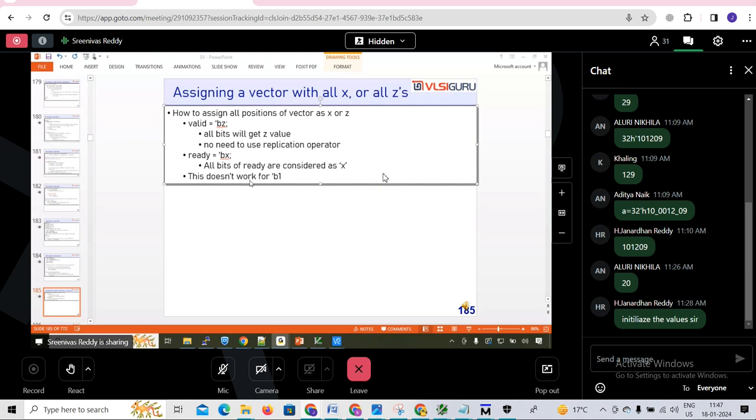Only thing is it doesn't work for tick B1. If I want to make all bits as ones, I cannot write tick B1. We must use replication operator or manually write entire pattern.